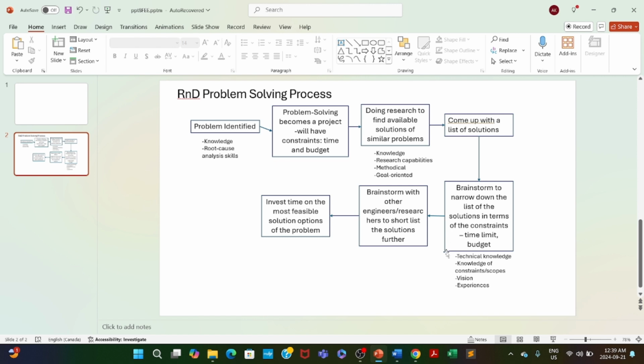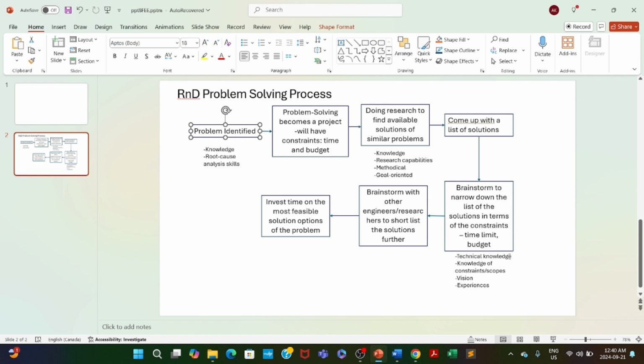So this step, which involves brainstorming to narrow down the list of solutions that we have come up with, it's really important that we have the technical knowledge to actually give those options deep thought and do a thorough analysis.